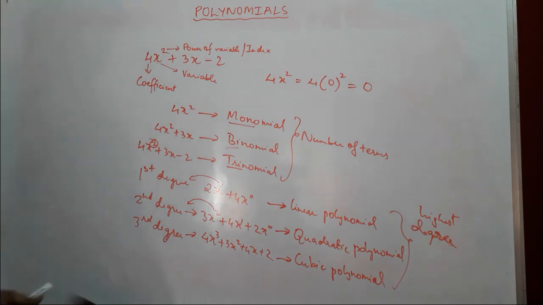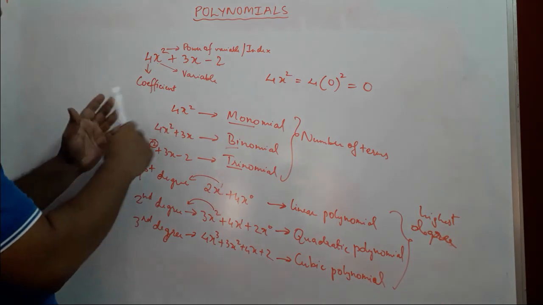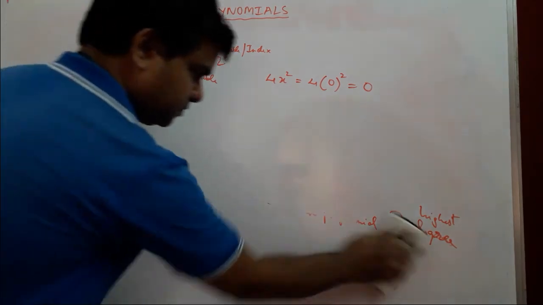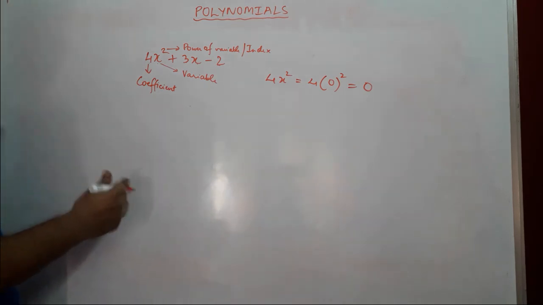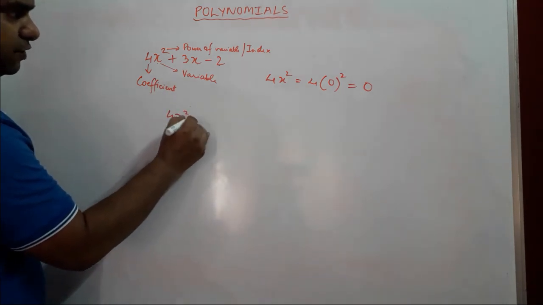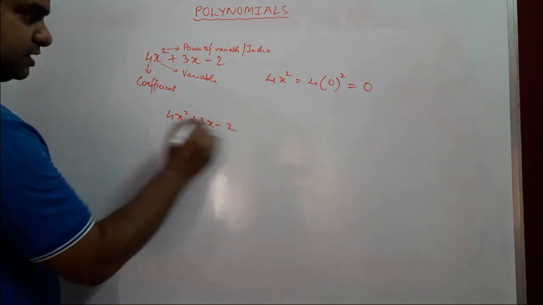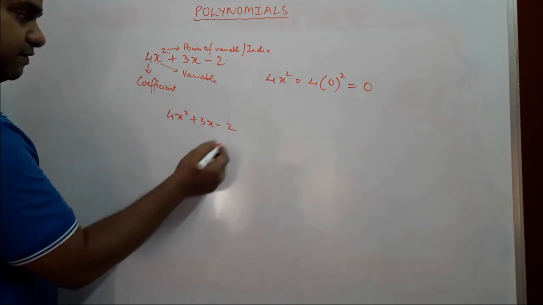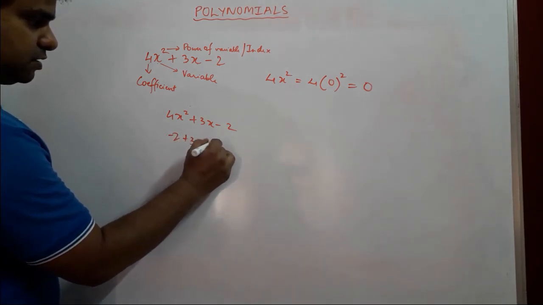A few more things to note over here. We said that in case of polynomials it has to be in a particular order. So I'll just erase this part. That order has to be either increasing or decreasing. For example, in this case it is decreasing, 4x square plus 3x minus 2. This is the proper way to write a polynomial. It can also be written in the reverse way, for example, minus 2 plus 3x plus 4x square.